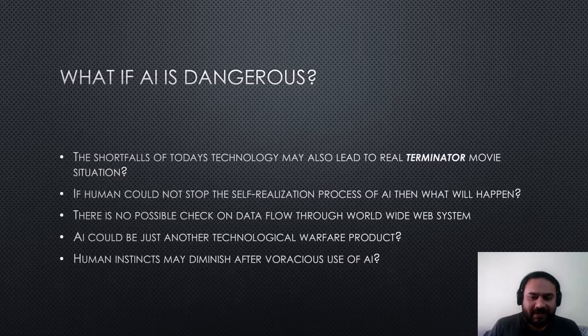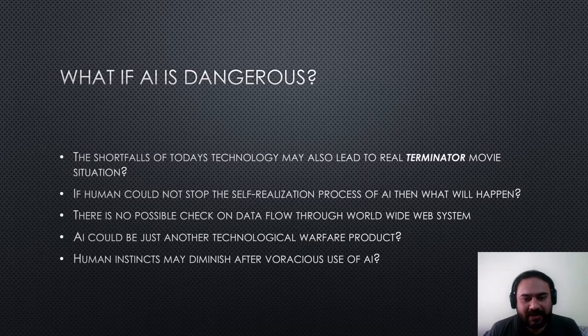Now the interesting part is, what if AI is dangerous? I know that a lot of you have seen a lot of Hollywood movies and you have this question in your mind. We can have such problems, like the shortfalls of today's technology may also lead to a real Terminator movie situation or the iRobot situation.